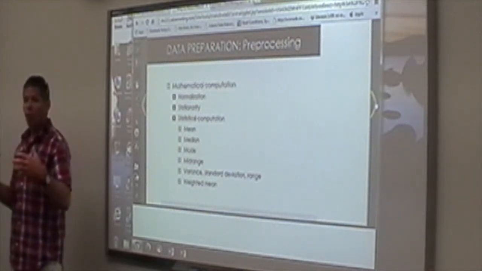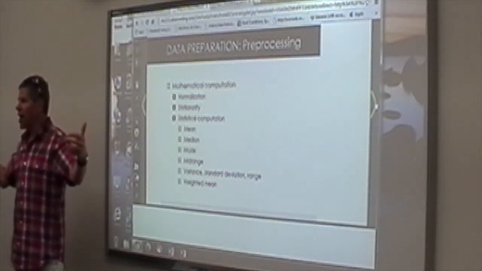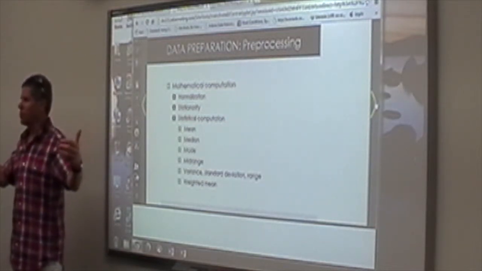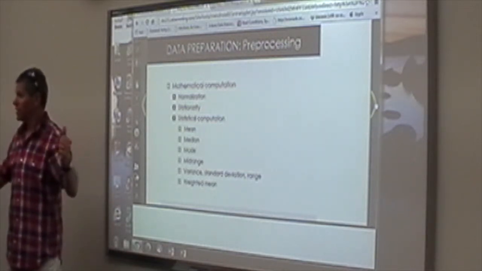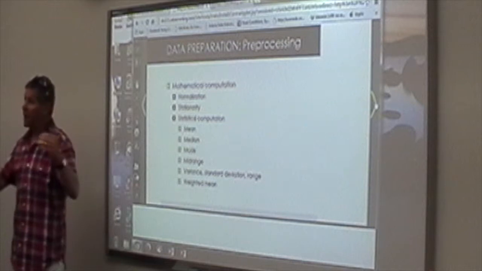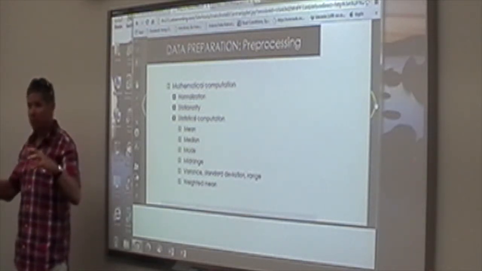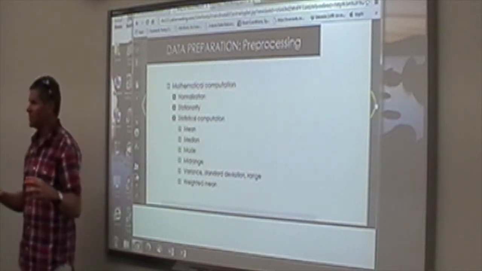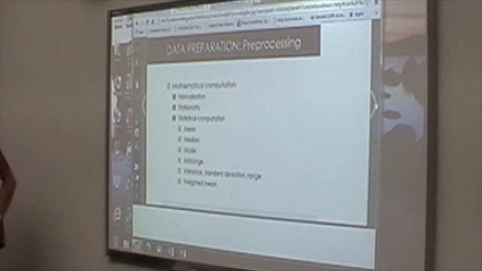So maybe you really want to aggregate that data over a longer time period and start looking at how many events per day or per week. And again, all of this depends on the problem and the data that you have. So it's really important there.